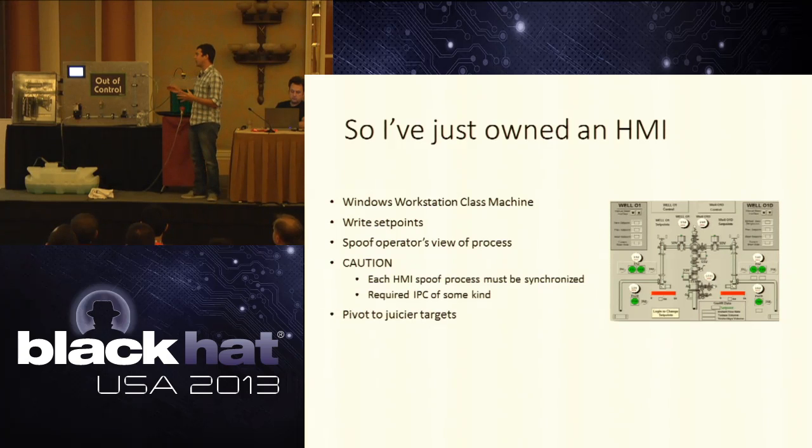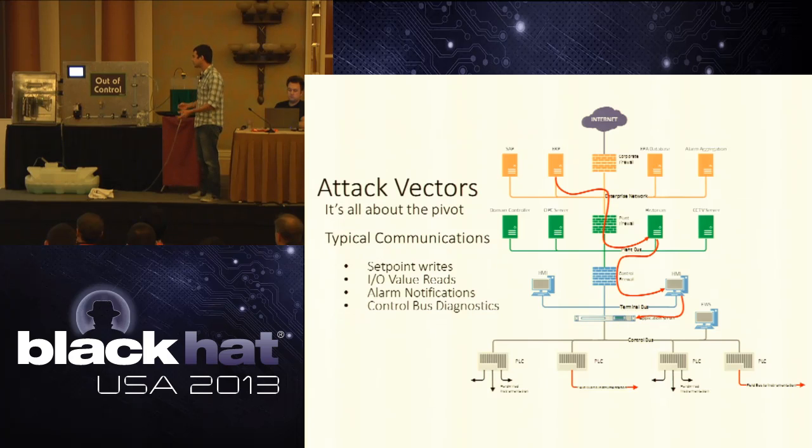So we got to an HMI, and like Brian said, that HMI is the operator's view of the world. The HMI does not control the process. All it does is provide a visualization and allow the operator to request changes on the controller itself. So if we're on the HMI, what we're able to do is spoof the process to the operator, maybe not modify the process itself, but modify the worldview of the process to the operator.